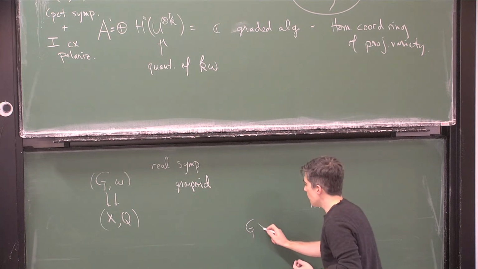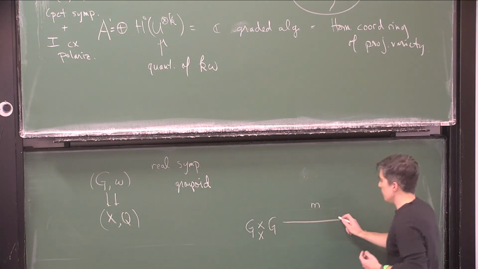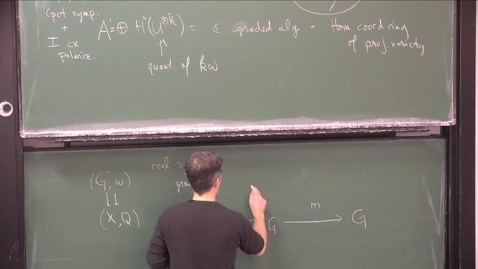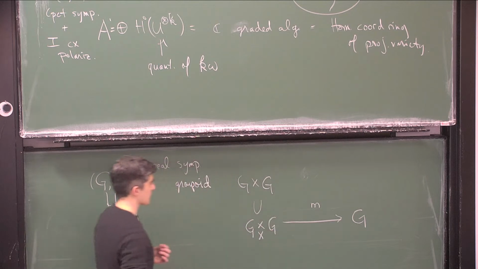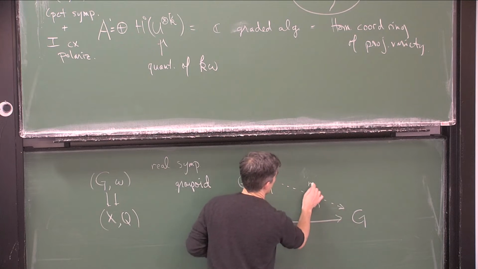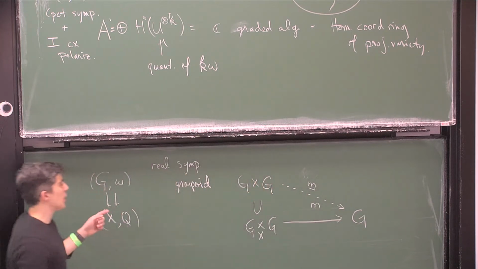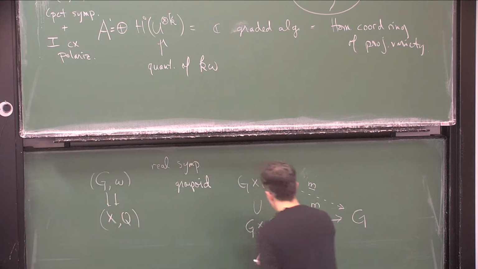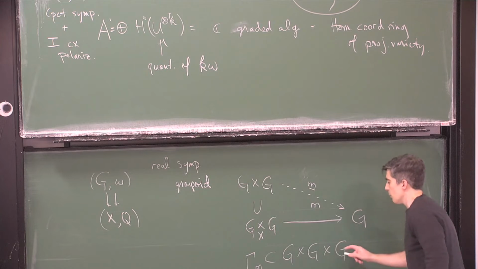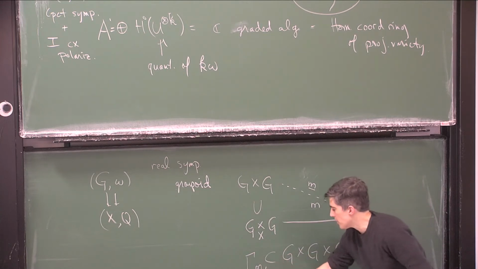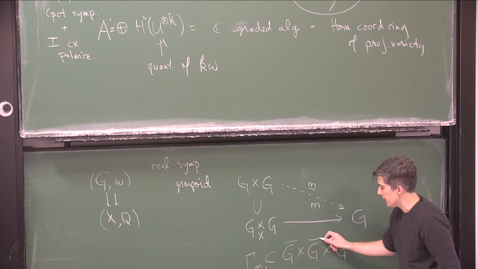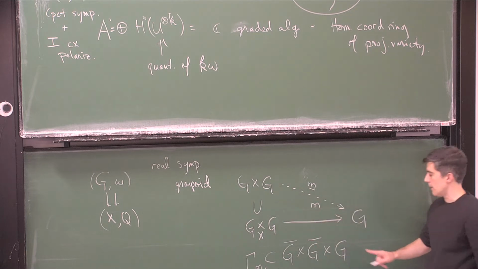It goes from the composable arrows to G. And the composable arrows are inside the product of G with G. That means that there is a relation from G cross G to G. Another way of saying it is that the graph of M sits inside G cross G, where, in order for this to be Lagrangian, I need to put a minus sign in front of the symplectic form of G on the two domain parts, and not on the other part.